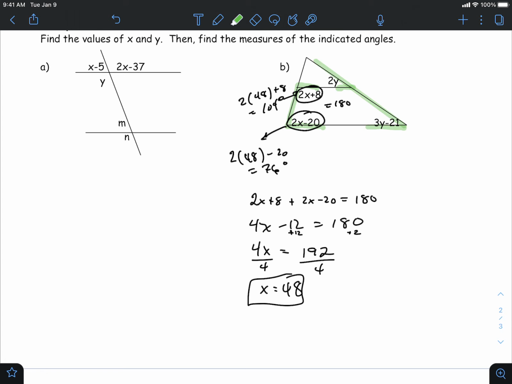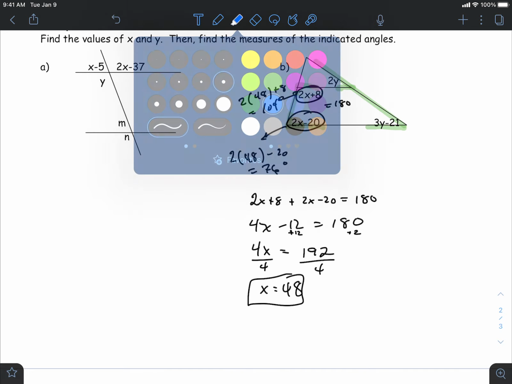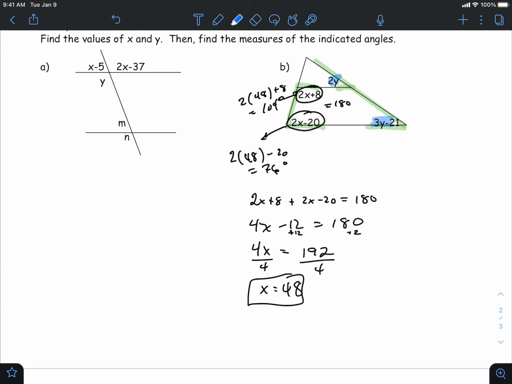Okay, I know that if I draw the F, these two angles here have to be equal. Would everybody agree with that? Okay, so I just make those equal and then I can solve for what y is. Once I have y, I can go back and plug it in. It'll tell me what the degrees are for each spot, right? Everybody agree with that process?